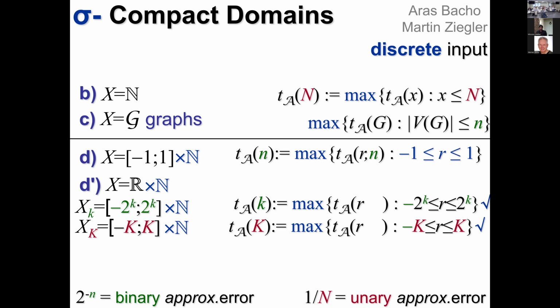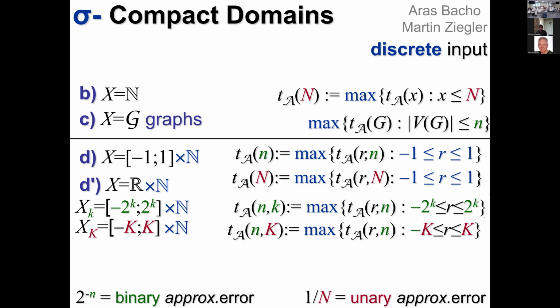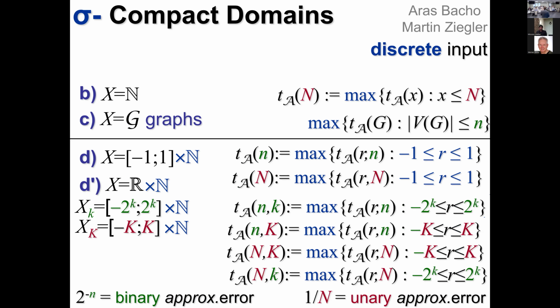And then we get a whole bunch of complexity definitions: binary or unary depending on approximation error, on compact domain and on sigma compact domain, all four combinations made reasonable. Okay, so that covers the case of sigma compact domains.